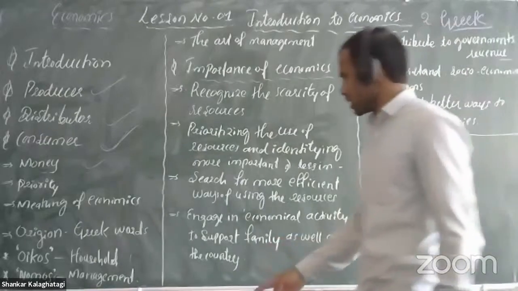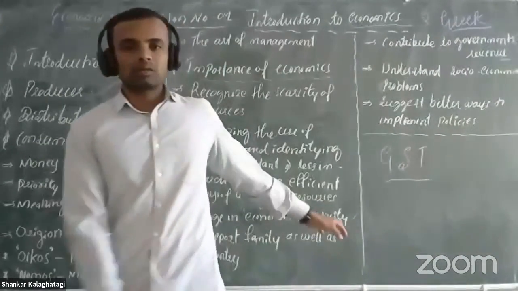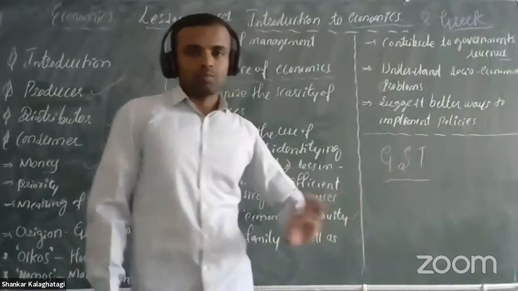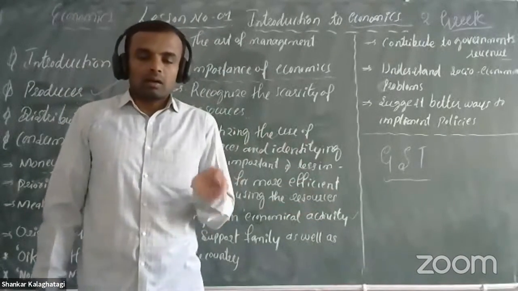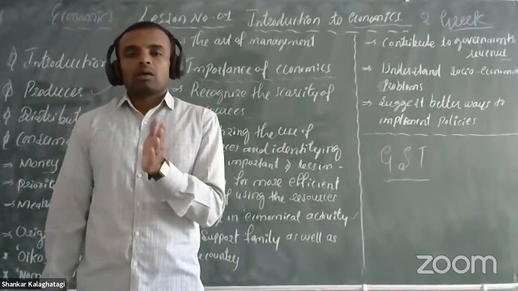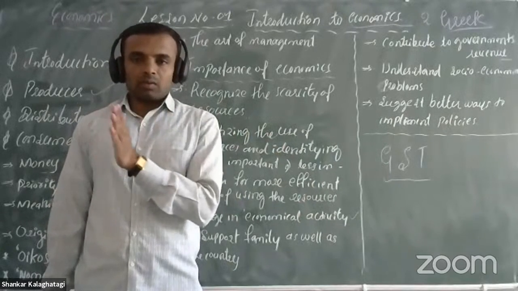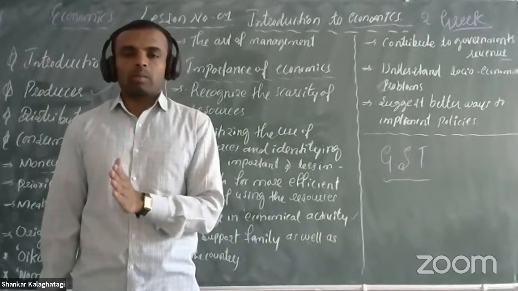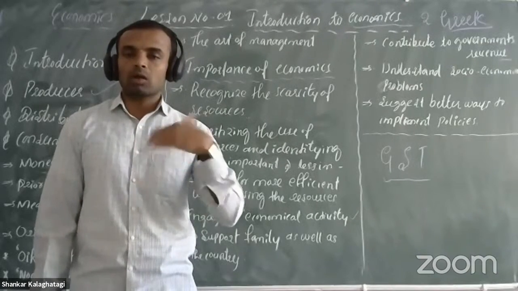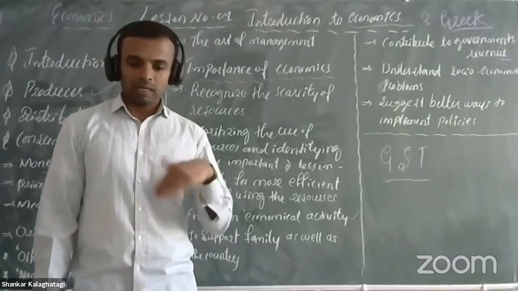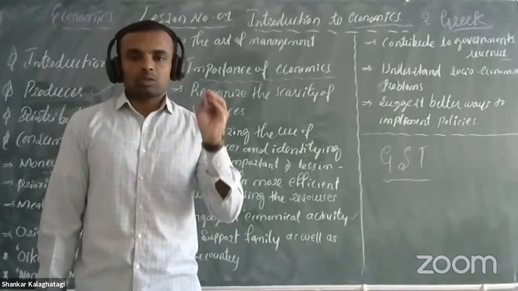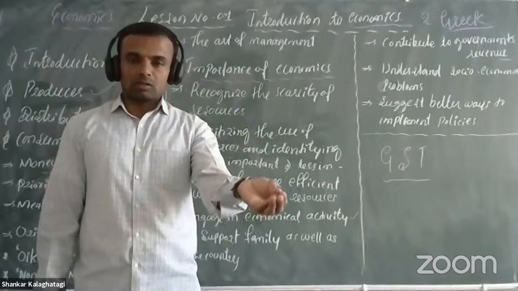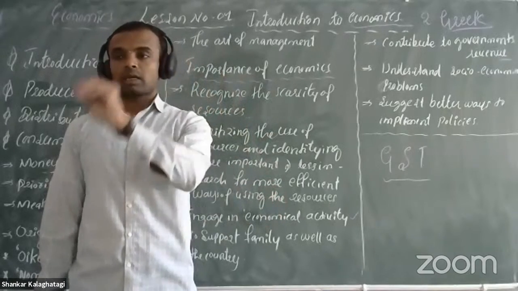Here I have told, while explaining, that it helps us engage in economic activities. Here you will earn money, and later on you will pay a percentage to the government as a tax. And the government will use that revenue, which is collected from its citizens, in other kinds of activities.